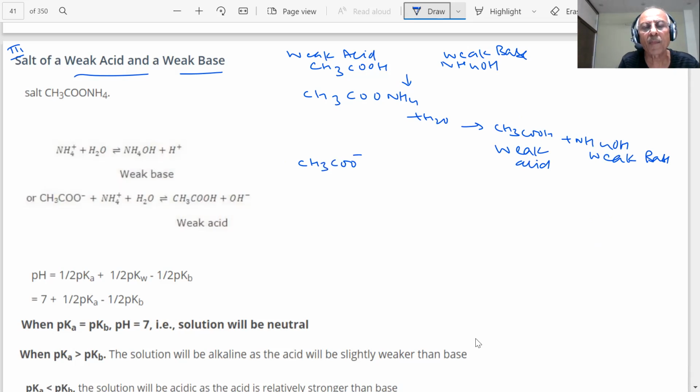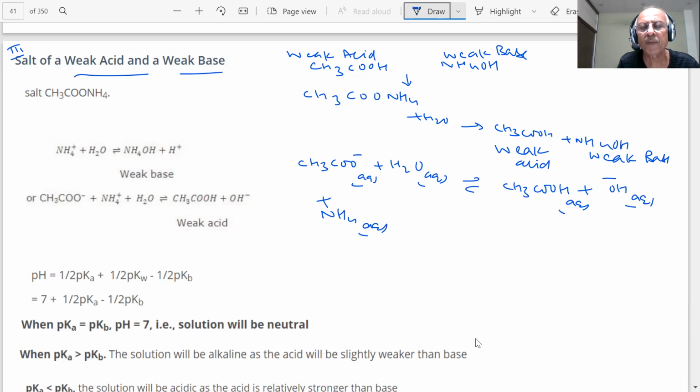the weak anion is reacting with water, and what is happening? CH3COOH plus OH minus. And if I see the ammonium ion, NH4 plus with H2O gives NH4OH aqueous and H plus aqueous.